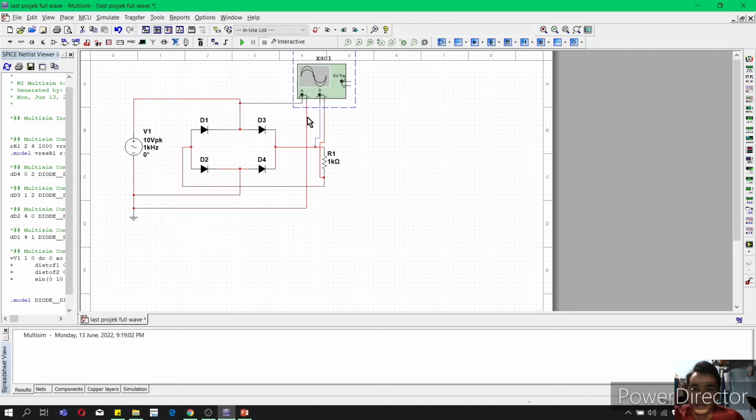For the negative terminal, I connect to the terminal ground. For channel B, the positive terminal I connect between the diode and resistor, and the negative terminal I connect between the resistor and diodes D1, D2.